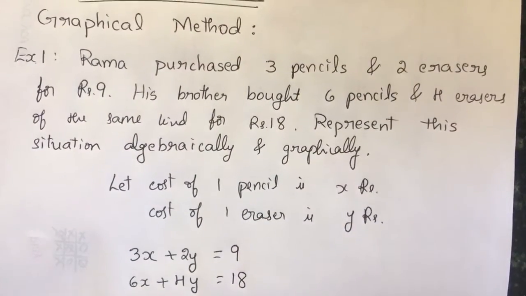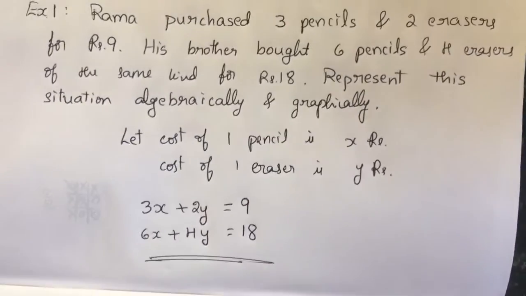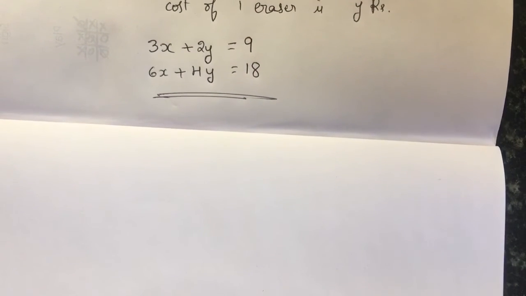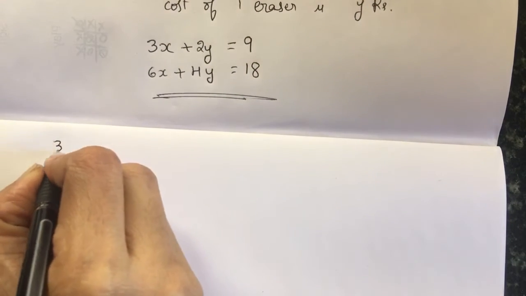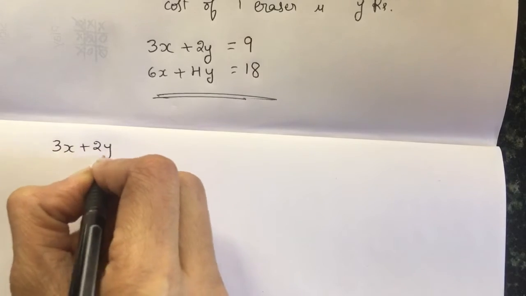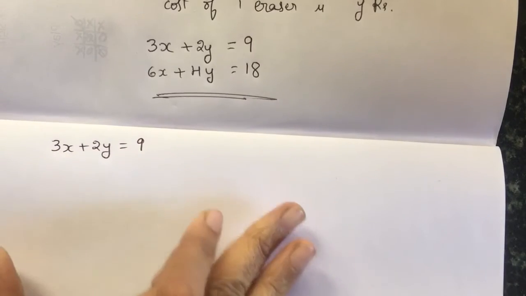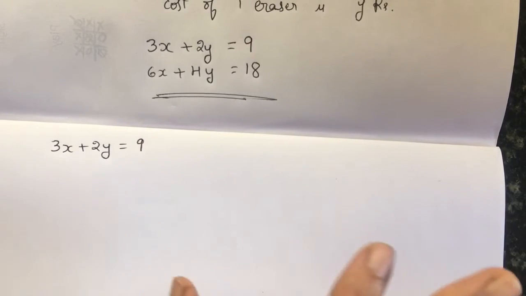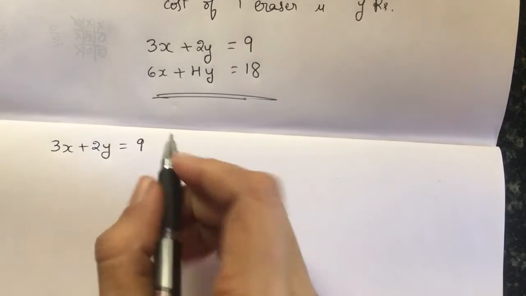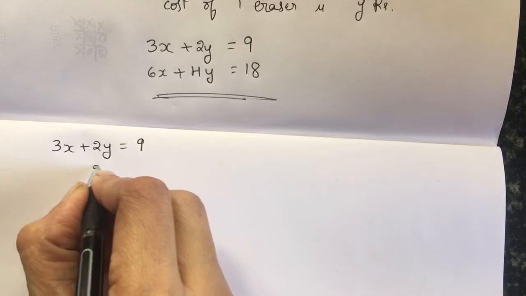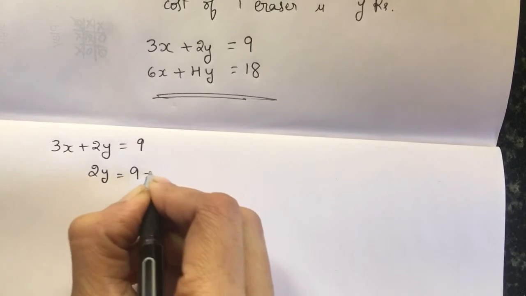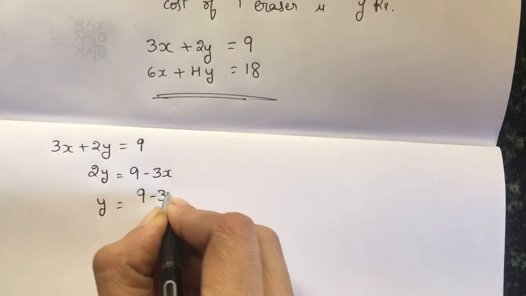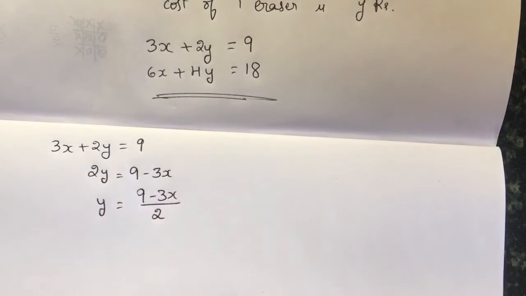Now I have to represent them graphically. For that, I have to make a table for these two equations. First equation is given: 3x plus 2y equals 9. You rewrite this equation so that you can easily substitute the values of x and y. So I'm just rewriting: 2y equals 9 minus 3x, and y equals (9 minus 3x) by 2.